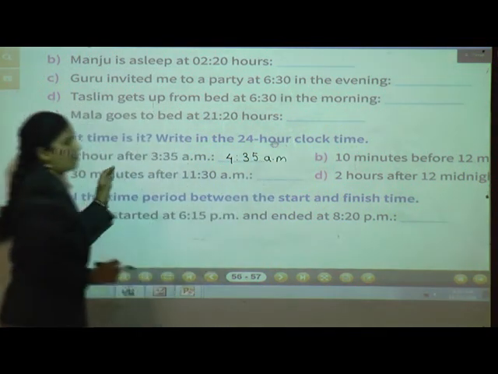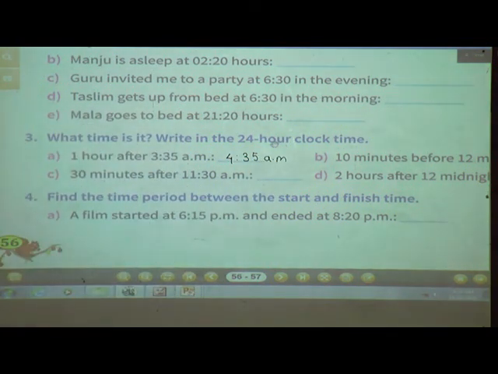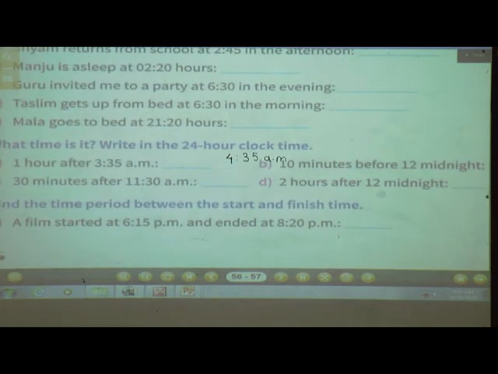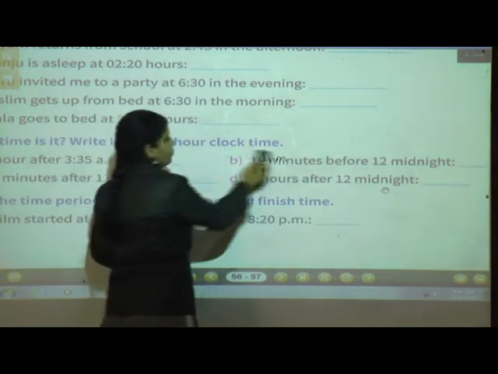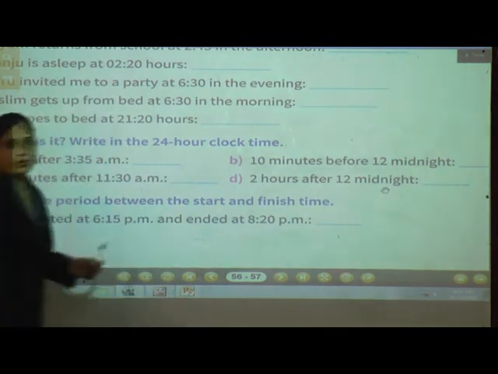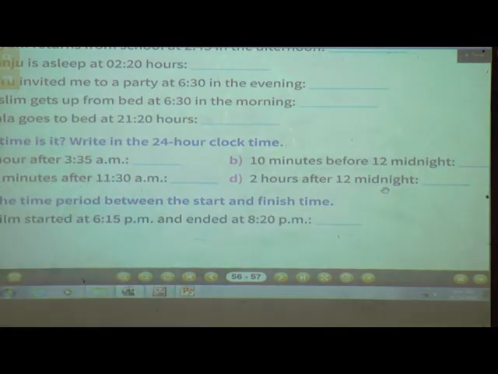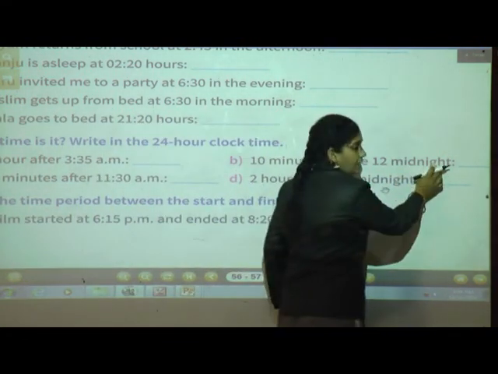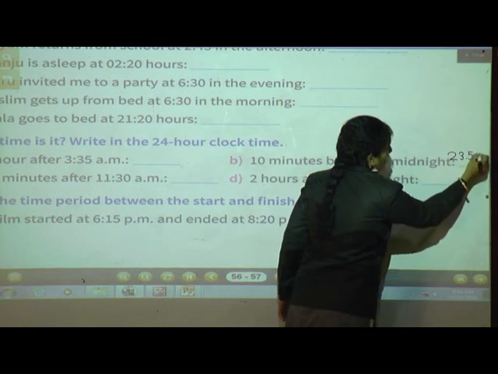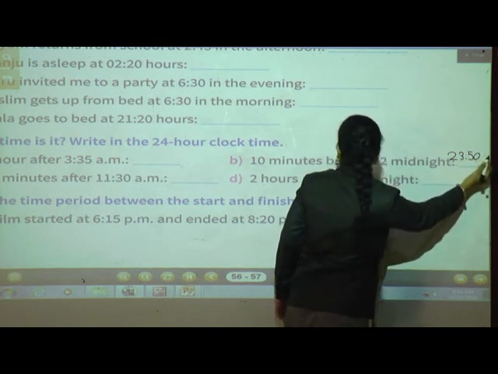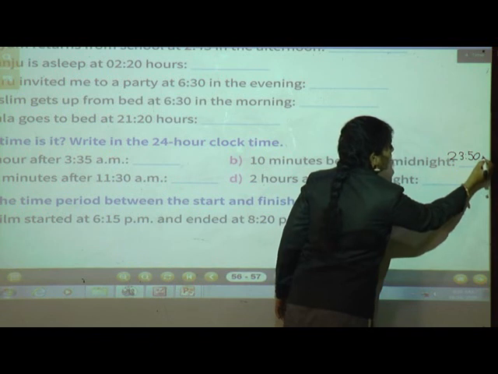Okay. Now 10 minutes before 12 midnight. In the midnight we write 24 for 12. So before that 10 minutes, what can I write here? 23:50. AM or PM? Yes, PM.